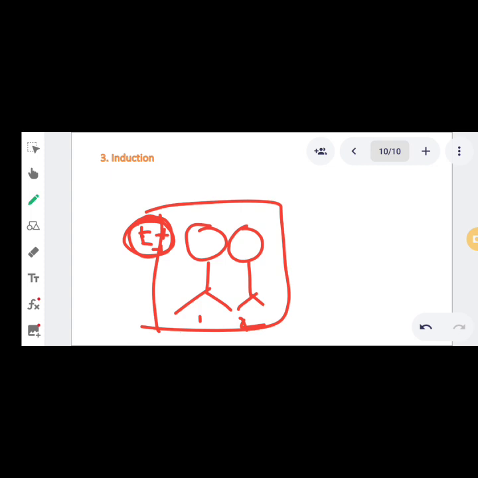So this system of two bodies will act as a single body. All the negative charges of this system will be induced on this side.